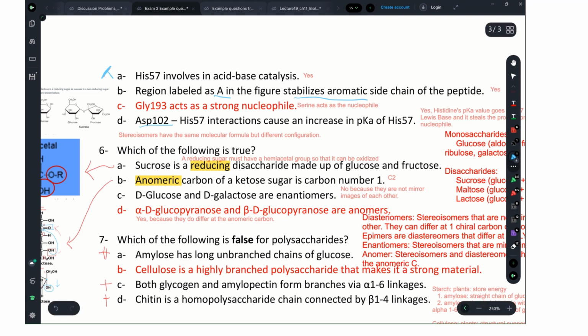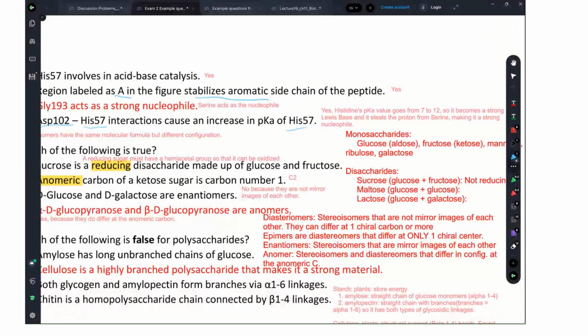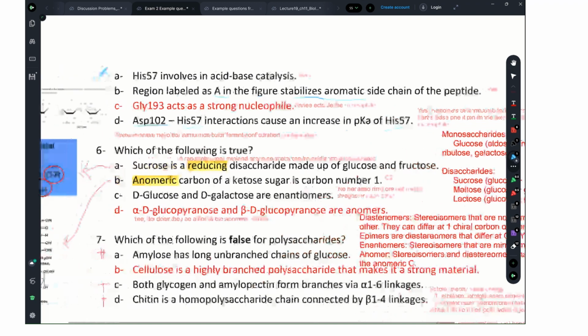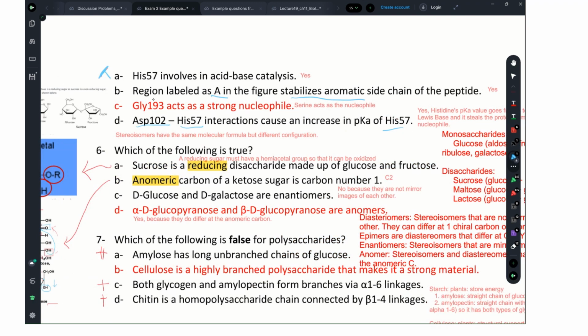D, aspartic acid 102 and histidine 57 interactions cause an increase in the pKa of histidine. So this is true. Histidine's pKa value goes from 7 to 12. So it becomes a strong Lewis base and it steals the proton from serine. And that's what makes serine a strong nucleophile. And then C, glycine 193 acts as a strong nucleophile.